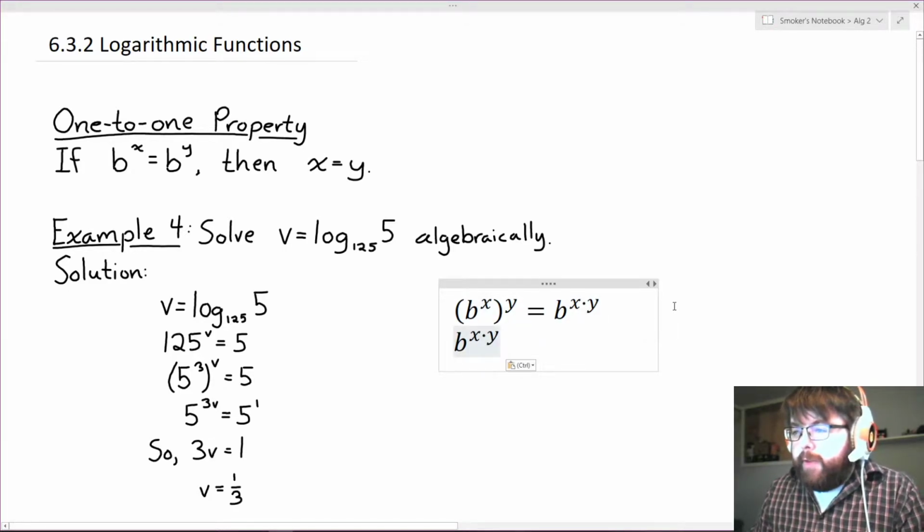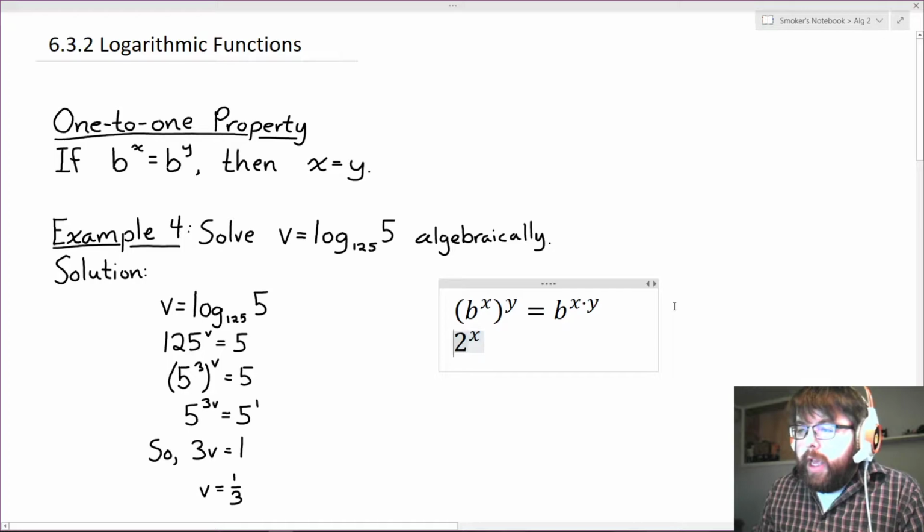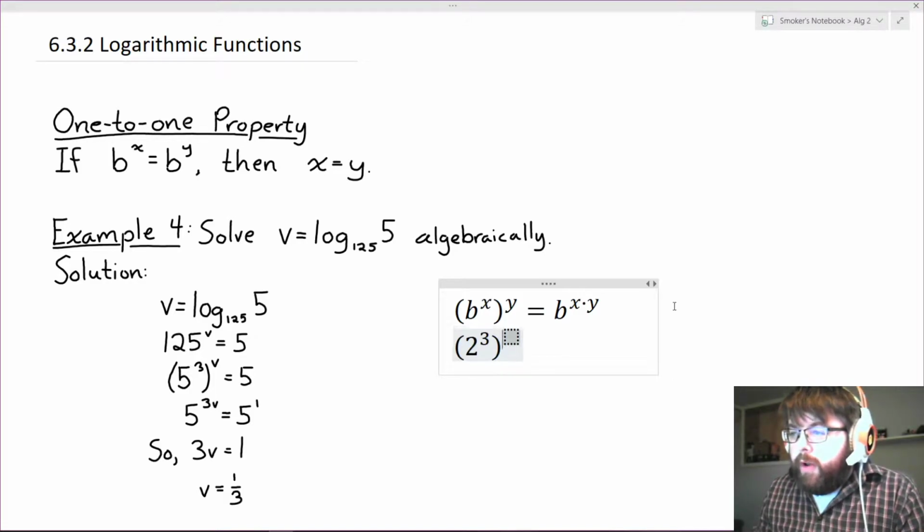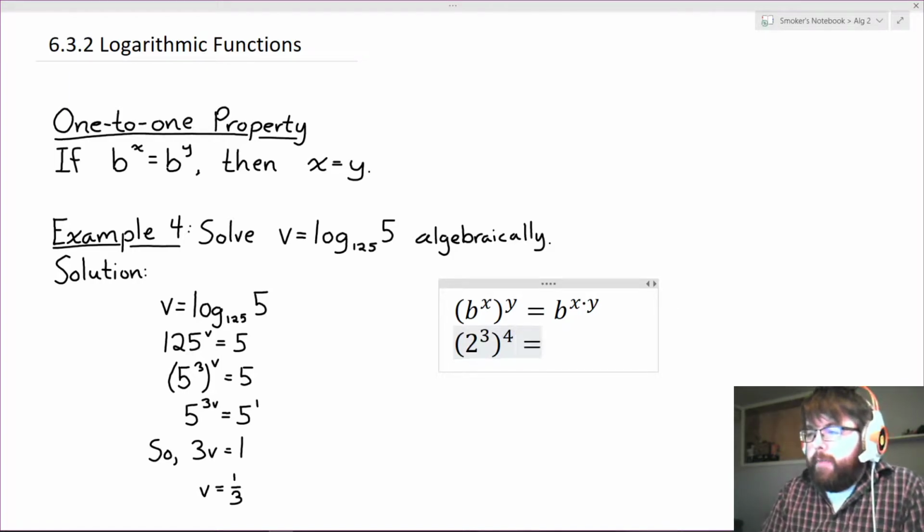If I have, I'm just going to make something up, 2, and I raise 2 to the power of 3, and then I raise that to the power of, I don't want to make this too big, 2. Should I do 4? Okay, let's do 4. All right.